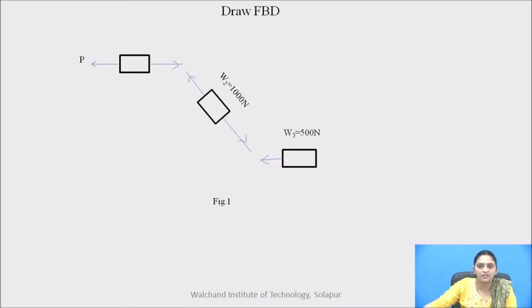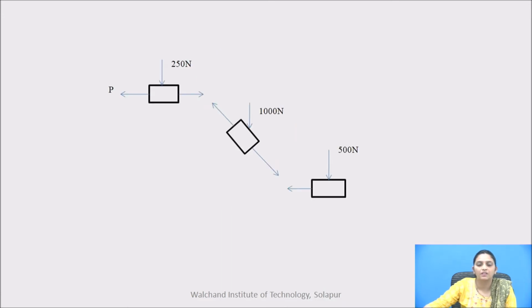Self weight will be shown by a force that is vertically downward. So this is the self weight. We have removed the support also, so instead of support, a normal reaction will be there. There is a tension in the cable, say T1.